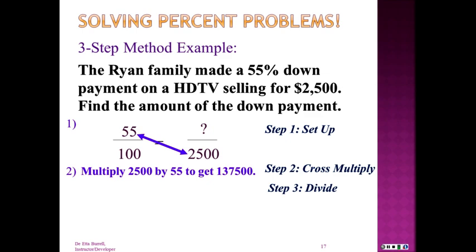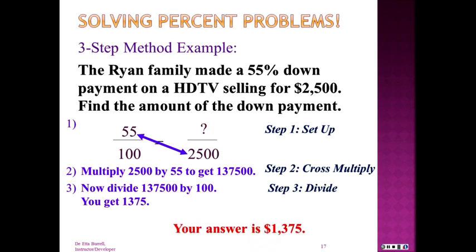Now, what do I do with that 137,500? Divided by what? By 100, because that's what I have left over, which gives me 1,375. So my part is $1,375. That's how much I'll have to put down for the down payment.